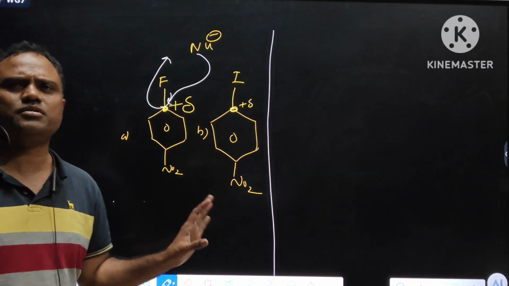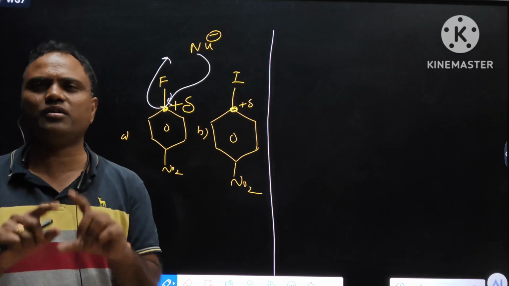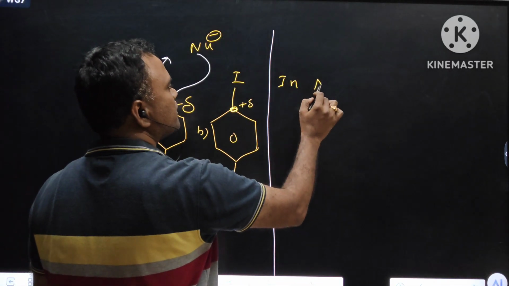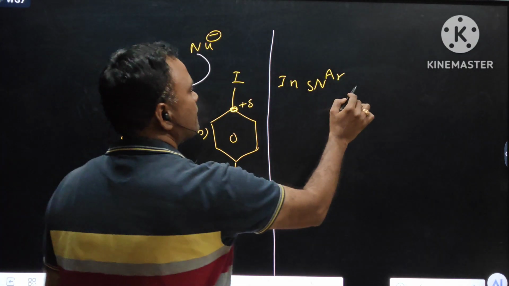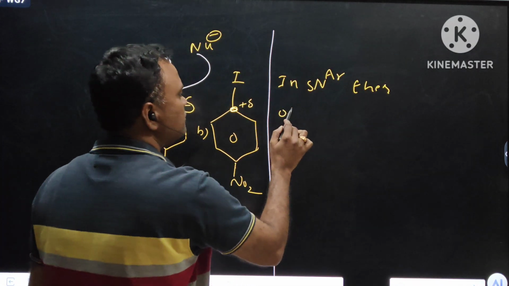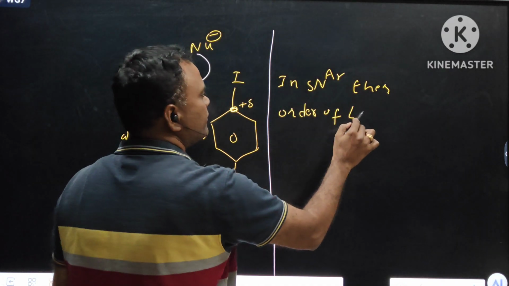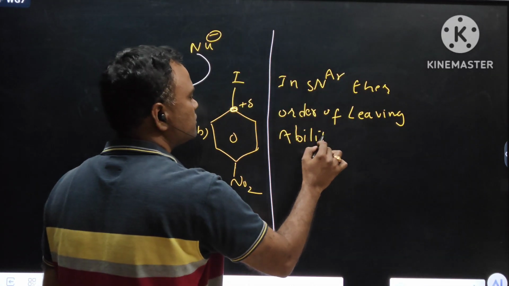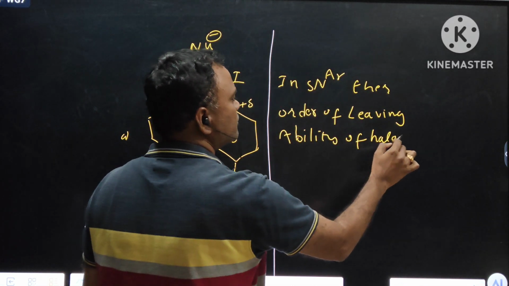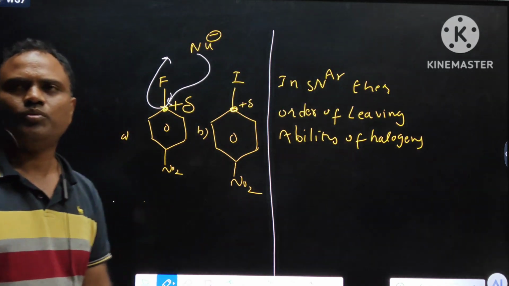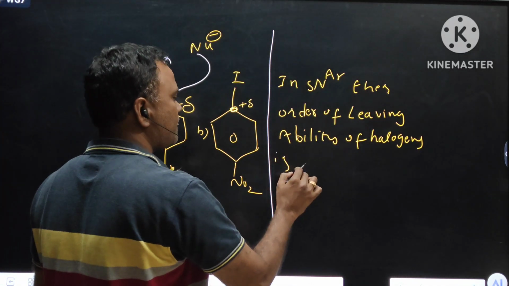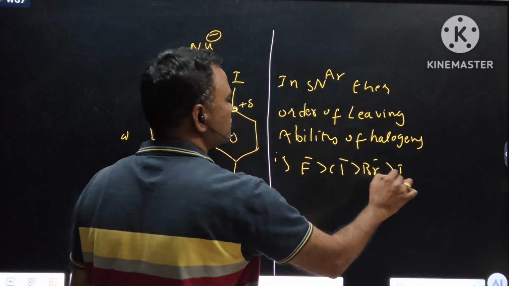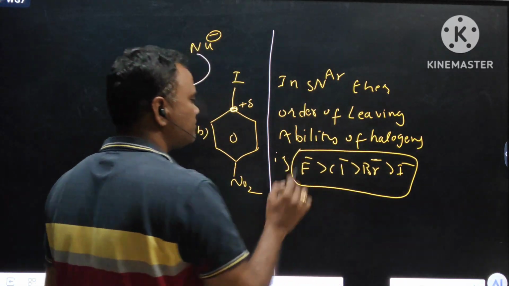So instead of this lengthy story, you can remember the order, that is enough. Okay, in SNAR or ARSN, the order of leaving ability is F minus greater than Cl minus greater than Br minus greater than I minus.